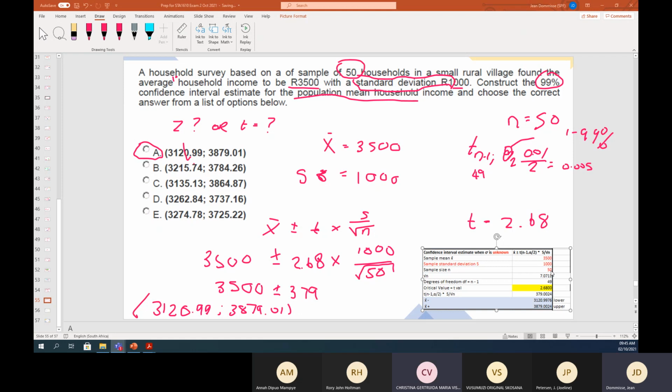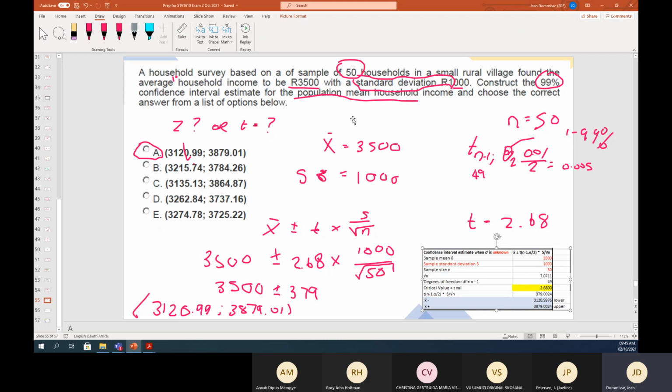Okay, wait, let me just take a screenshot quickly. Cool. Because I want to see if we used the Z value of 2.58 instead of the T value, if there would have been an answer for you.